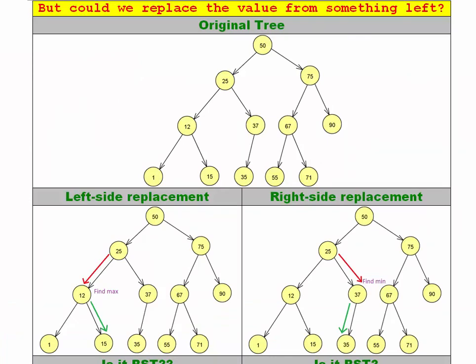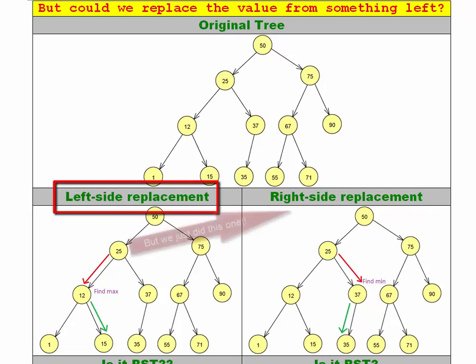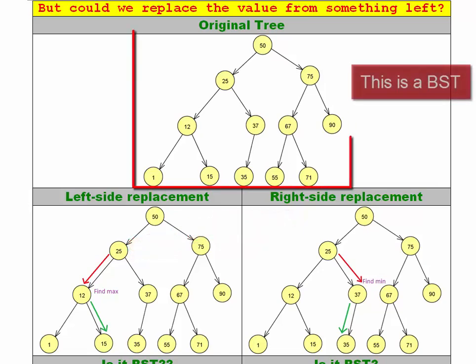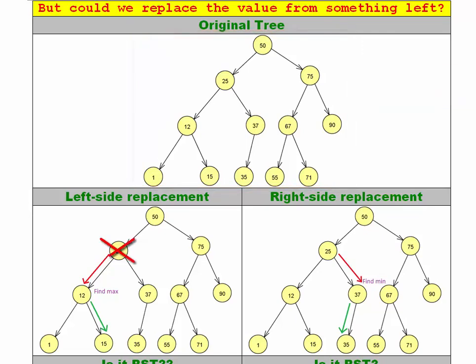Here's where things get even uglier: when you're online, you may see some authors that grab the greatest value from the left side. So in the original tree that I have for you, there are two different types of replacements that we can use. We can do the left side replacement that looks from the target node, which is going to be 25.